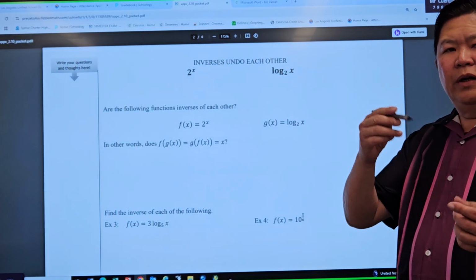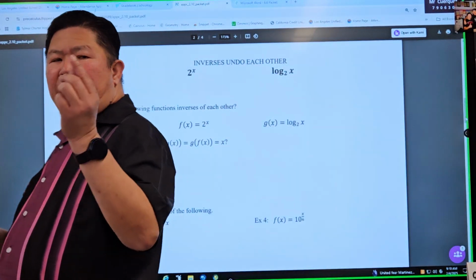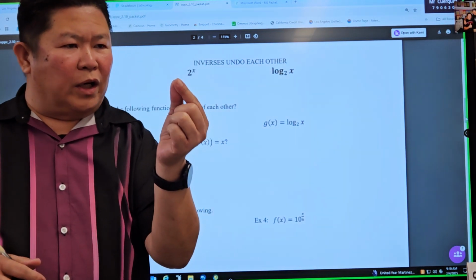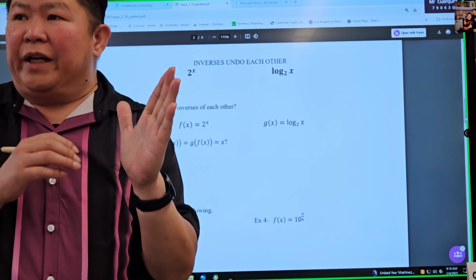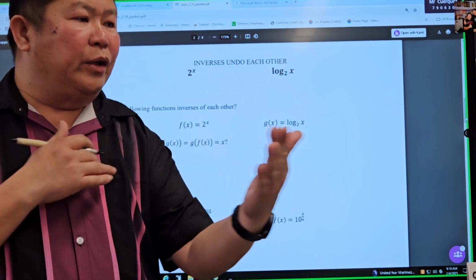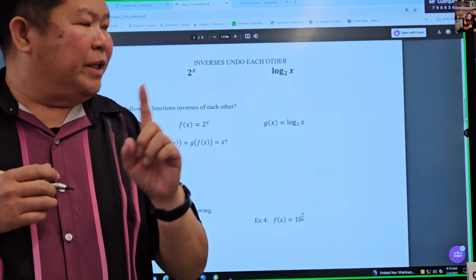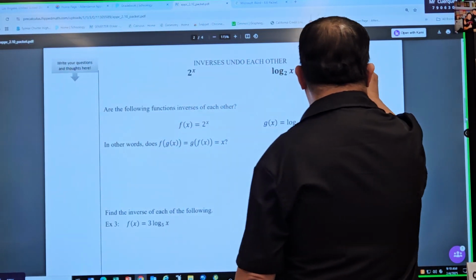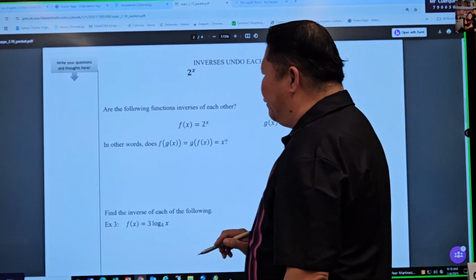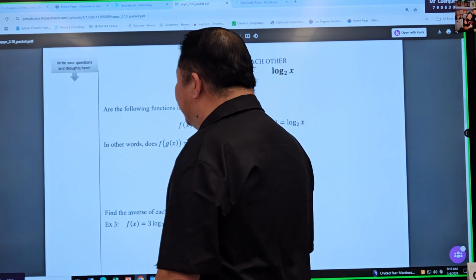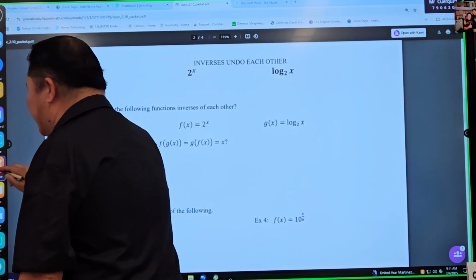So remember, a while ago it says f of g of x equals g of f of x, and they can undo each other. That means whatever is the result of f of g of x, the result must be equal to x.